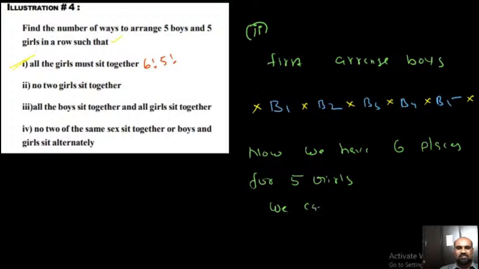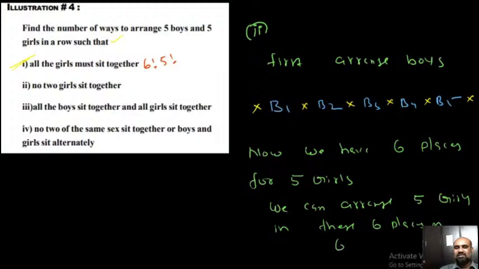We can arrange 5 girls in these 6 places in 6P5 ways. One operation completed.